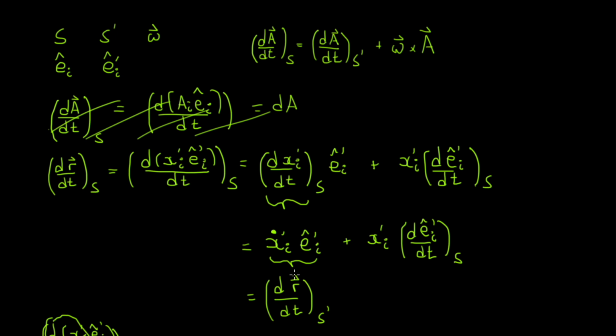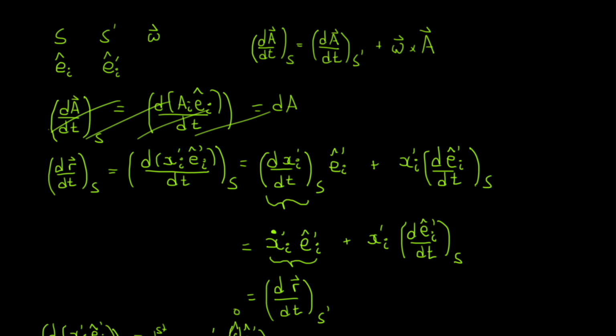That's what we have here. And the second term is xi prime times dei hat prime dt with respect to the frame S prime. But we know that with respect to the frame S prime, they think their own basis vectors aren't moving, so they think this is 0.